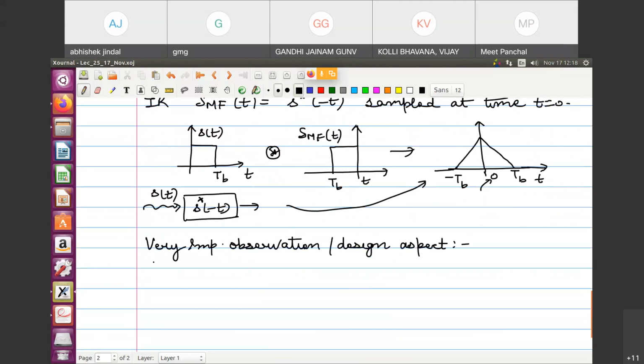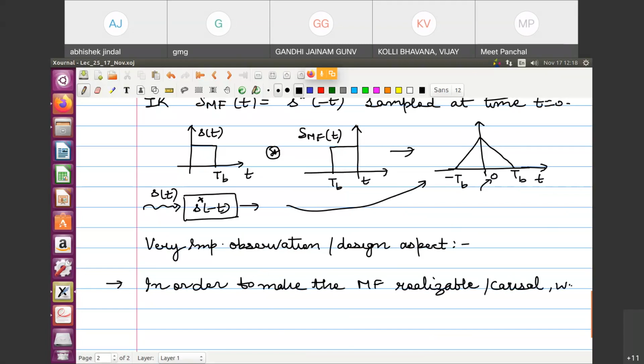In order to make the matched filter realizable or causal, we need to delay it by sufficient time.